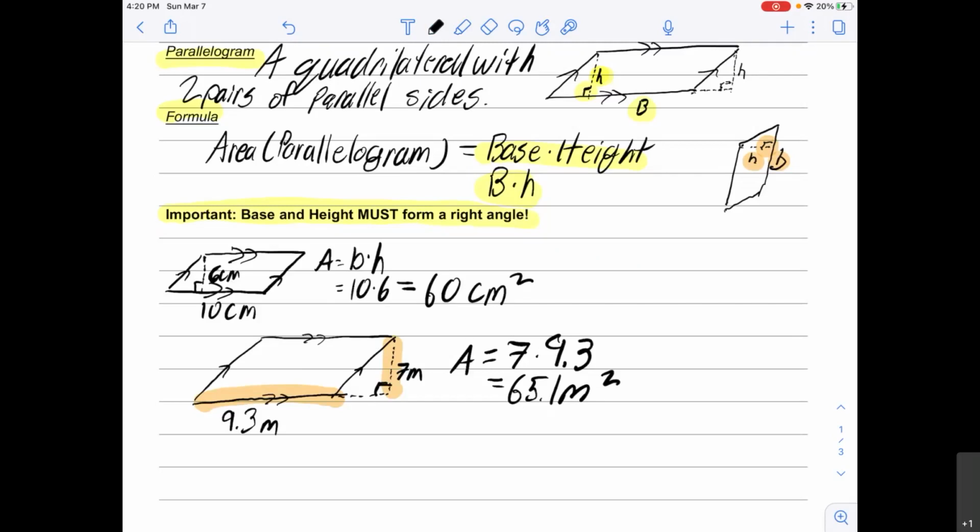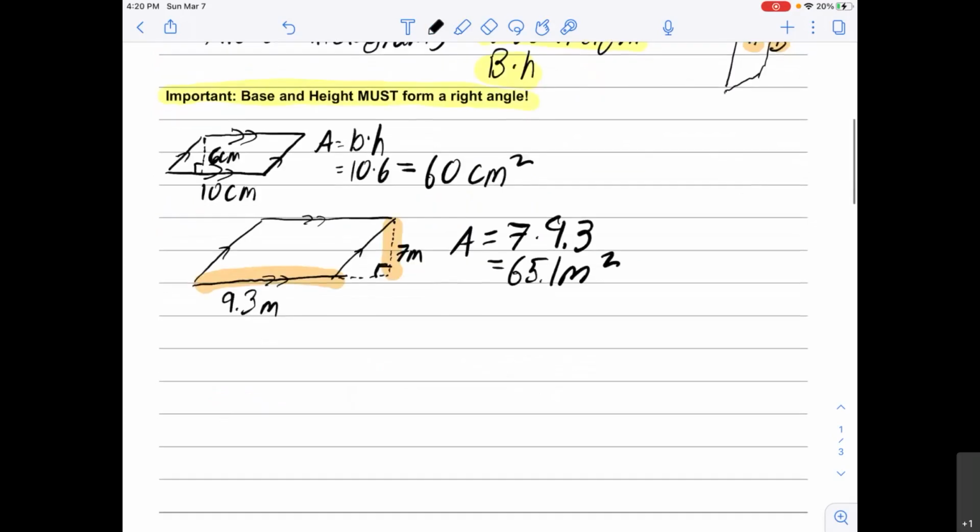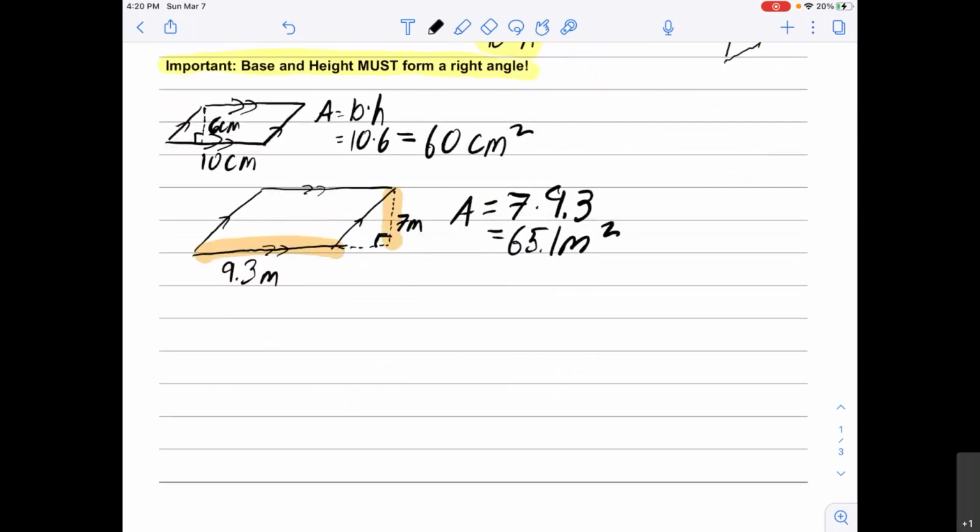A couple other types of problems that you might be given. The first one could say, okay, what if I tell you that I have a parallelogram? Here's my parallelogram. And I tell you that my parallelogram has an area of 56 inches squared.